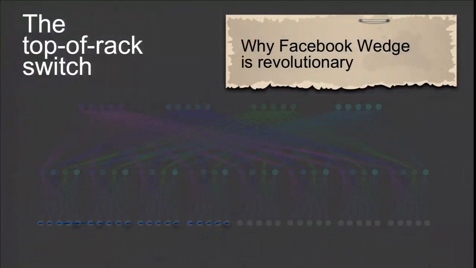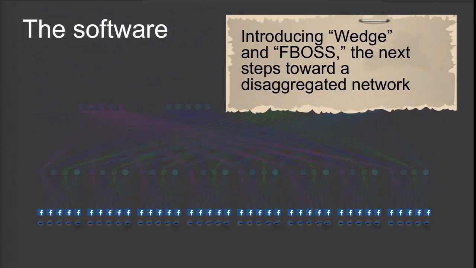So if you combine the top-of-rack switch with the work we've done on what we call FBOSS, a Linux-based operating system that we built to run on these boxes, we solve our problem of building an environment that is managed much like the server base. And Alexei is going to go into great detail about the fabrics. I'm not going to cover too much on this.